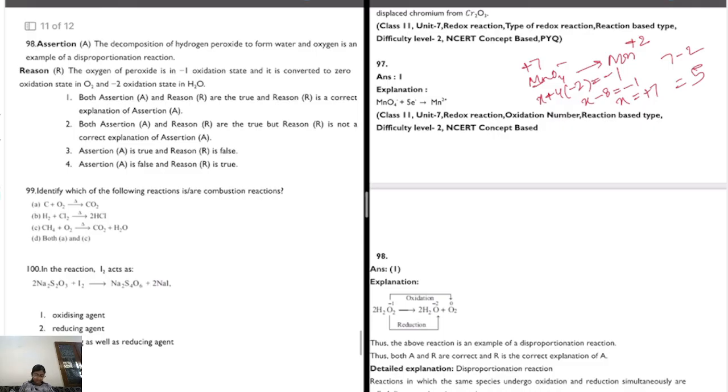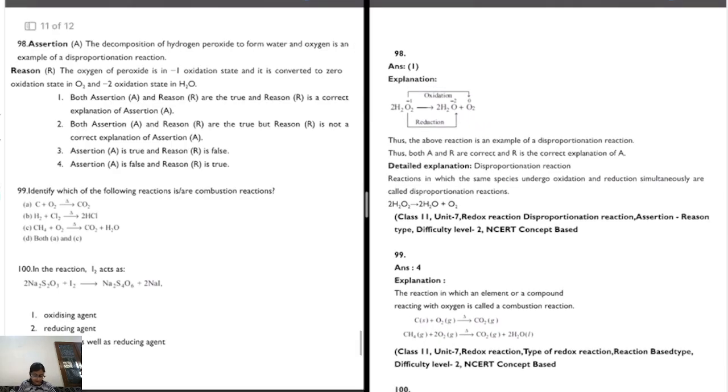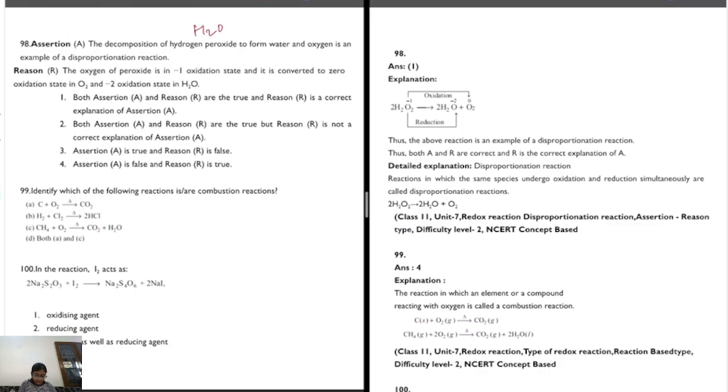Now, in the next question, the decomposition of hydrogen peroxide to form water and oxygen is an example of disproportionation reaction. This is the assertion. The reason given is the oxygen of peroxide is in minus 1 oxidation state and it is converted to 0 in O2 and minus 2 in H2O. Let's see.